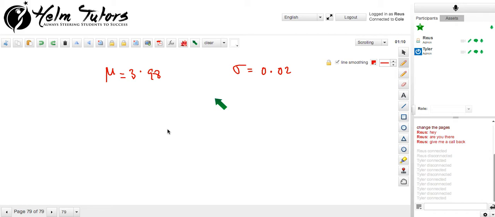One standard deviation would be 3.96. The next would be 3.94, with everything after the 3.9.